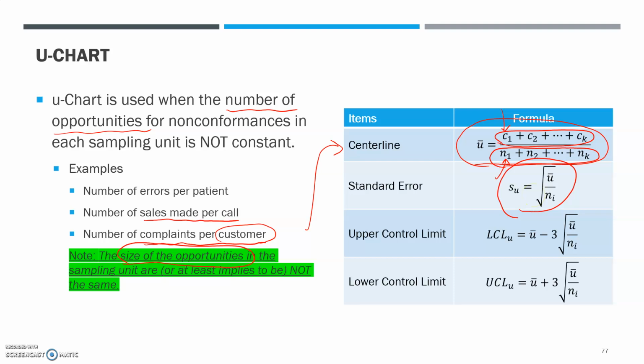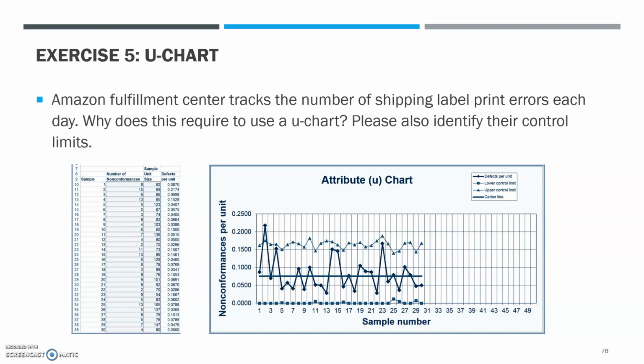Therefore, it will generate a variable control limit chart, just like we've seen on a previous occasion. So each control limit is different. I should probably have indicated that each control limit for sample group i is different. Again, if you see this, the sample unit size is different from case to case.